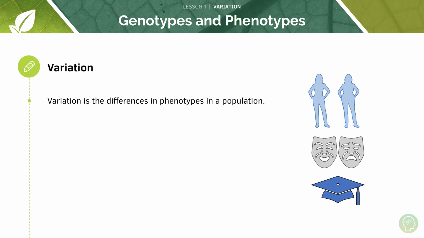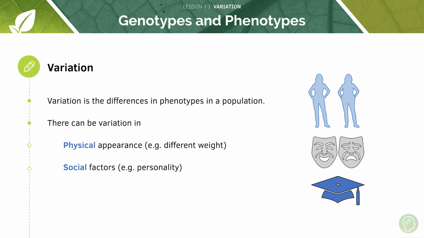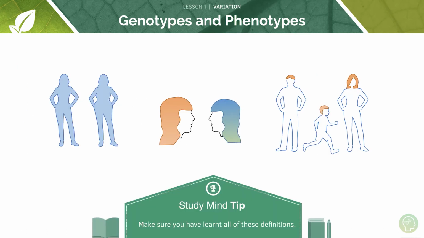Now, variation is the differences in phenotypes in a population. So there can be variation in physical appearance, for example, so different weights, maybe social factors, so things like personality, or academic factors, and also many other things can also present with variation.